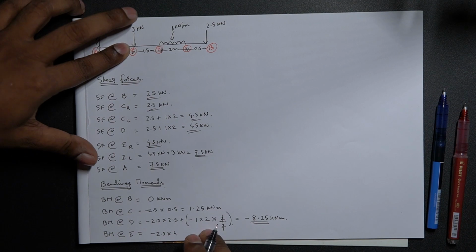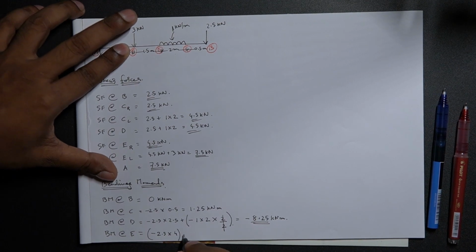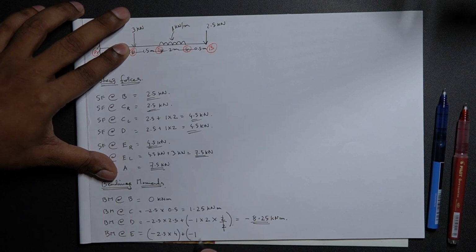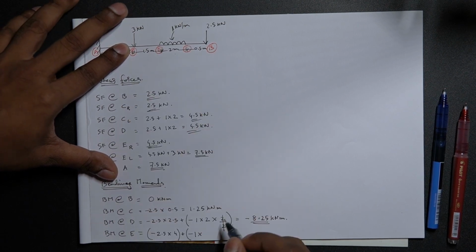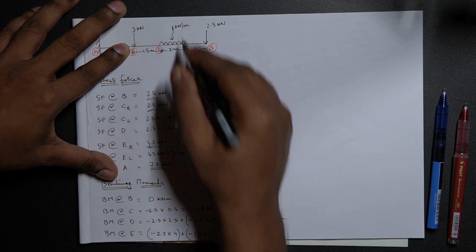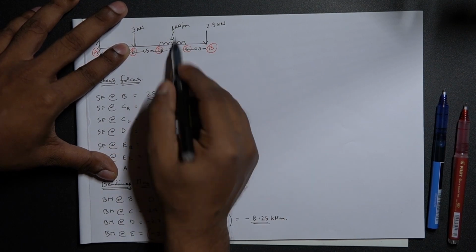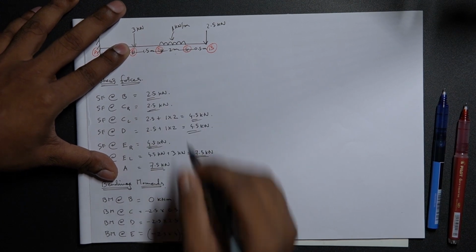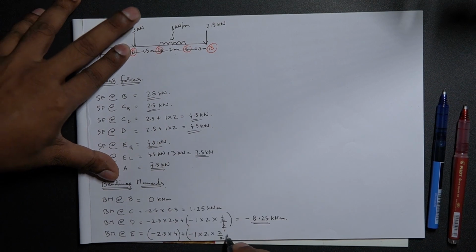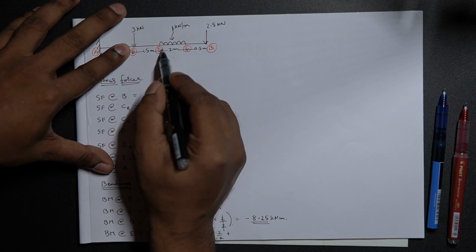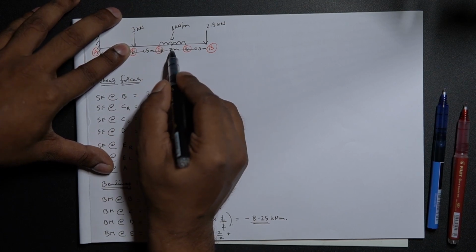So that is the total lever arm length, plus 2 minus of 1, that is UDL, into 2, that is the span on which the UDL is acting, into again 2 by 2, that is the L square, plus 1.5, and this is half, this is 1.